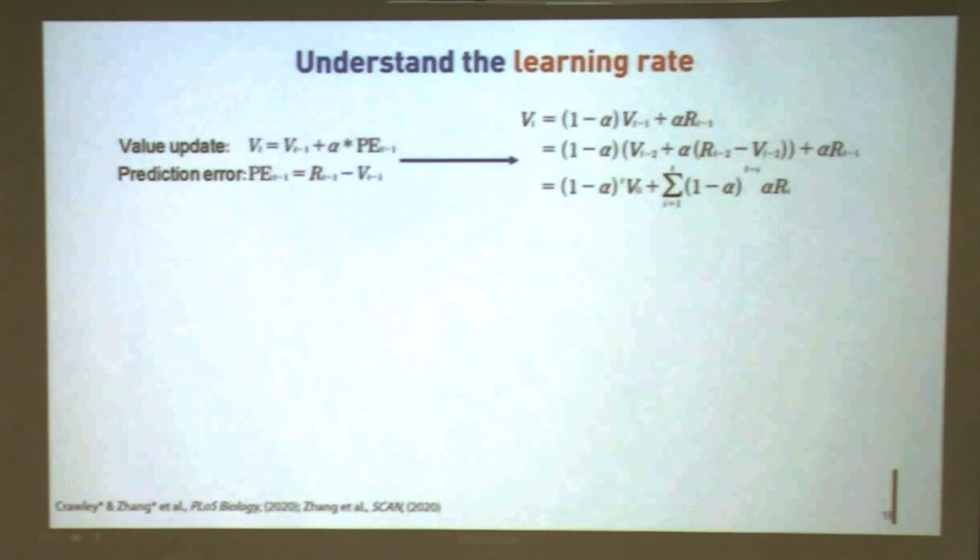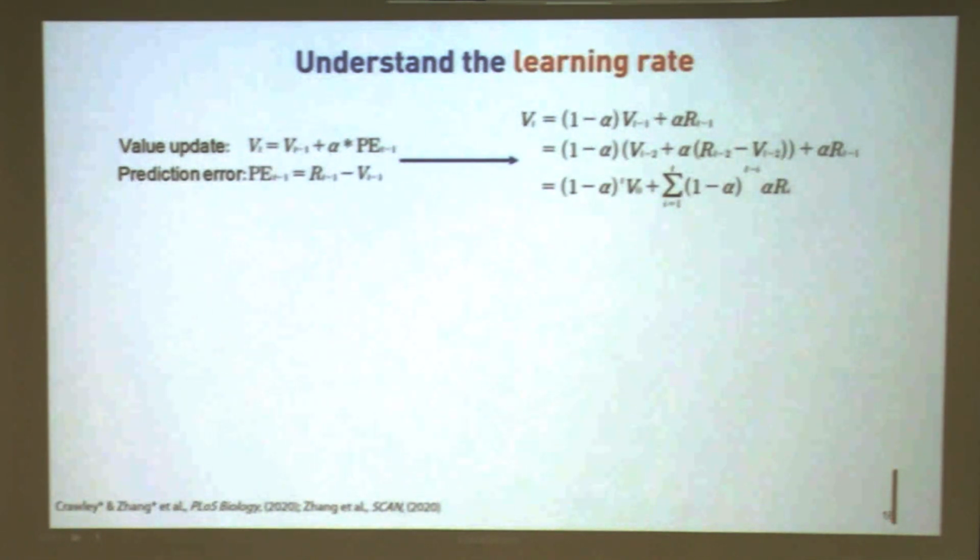Let's say both of them are 0. And then it's getting updated. Some value goes up, some value goes down. This is the trial by trial update. I update my value from trial 2 to trial 3, and then from trial 3 to trial 4. But you could also write down the equation of trial number 4 as a function of the initial value. So this is what we do here to better understand how the value update works.